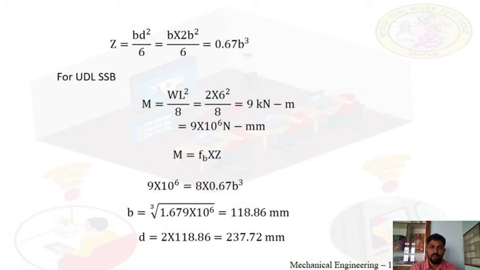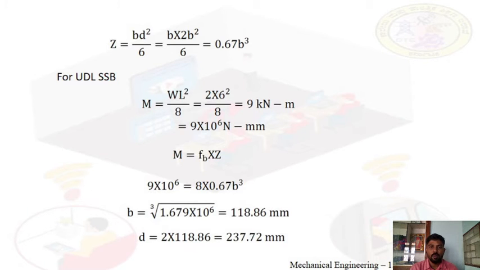You can also find it in meter, no issue, but if you use mm for one and meter for another you will get a wrong answer. So convert all forms into mm or meter, anything is okay, finally keep it in mm. So now the moment M is equal to 9 into 10 power 6 Newton mm.